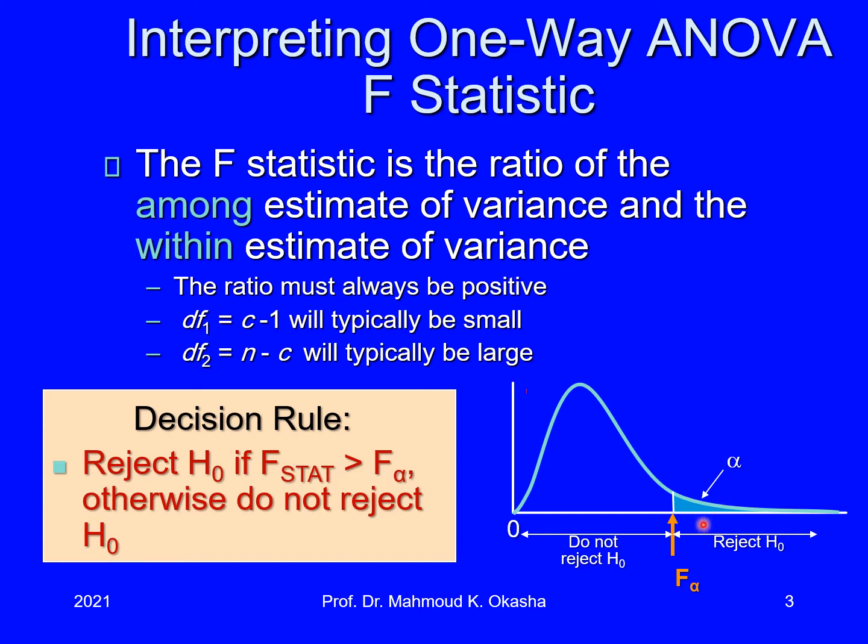If it comes in this region, which is the rejection region, we reject the null hypothesis. So the population means are not equal. But if it is within this region, if it is small, then that's not the rejection region.